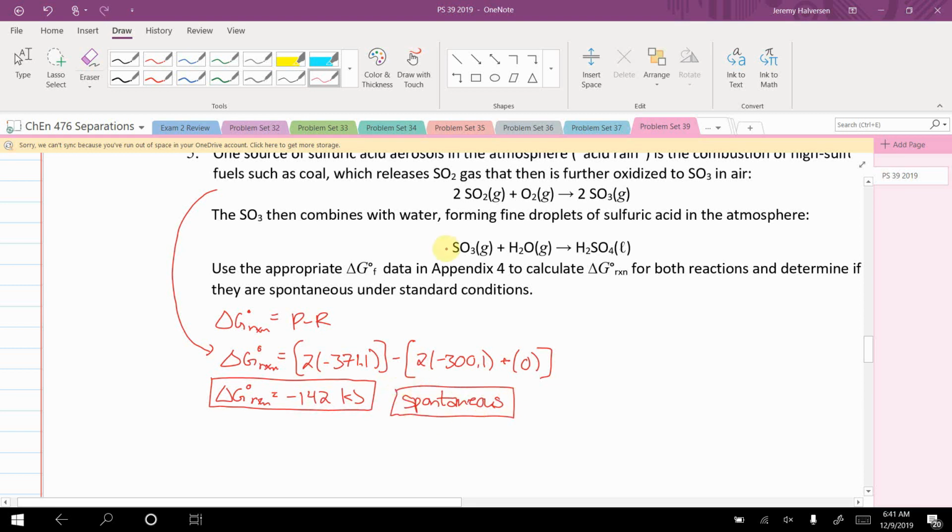The second one, on the key, they don't actually put the delta G values. So give me a second as I look them up.